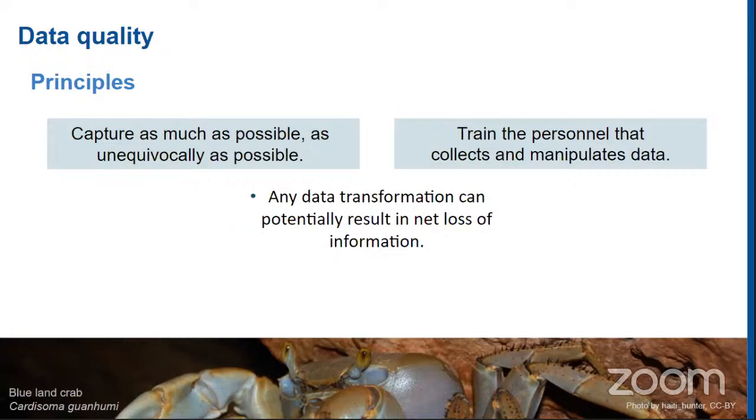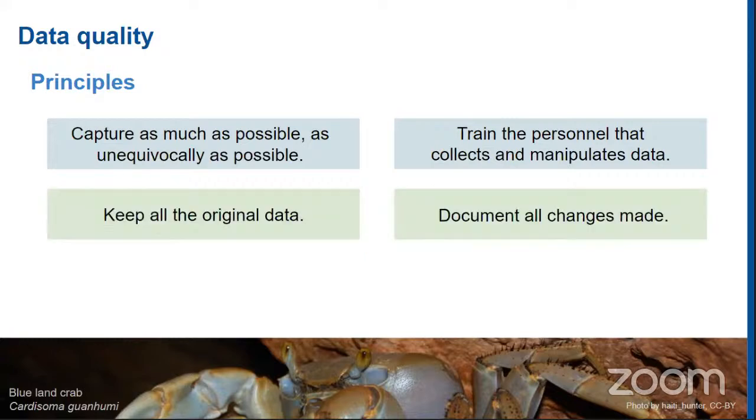So there are two things to consider here. First, always, but always keep the original data. And the second one is always document all the changes that were made to the data.